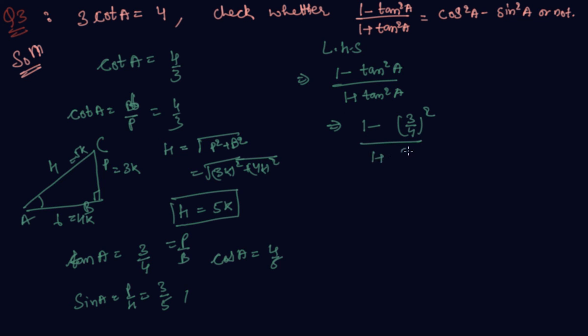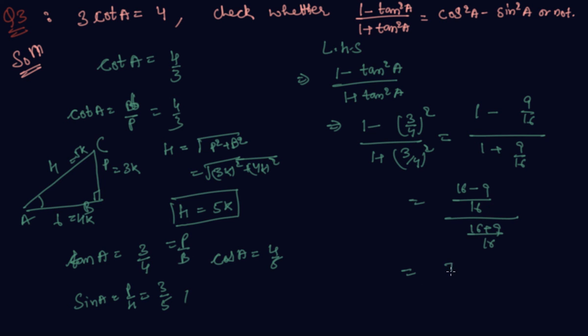So this comes out to be 1 minus 9 by 16 upon 1 plus 9 by 16. Let me take the LCM as 16. So 16 minus 9 upon 16, 16 plus 9 upon 16. This is 7 by 16 upon 25 by 16, which is 7 by 25.